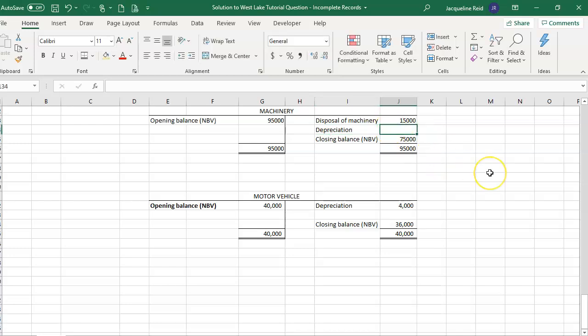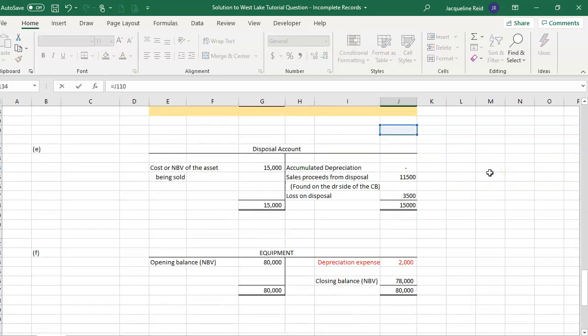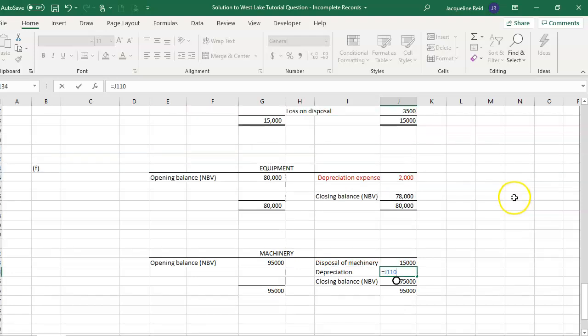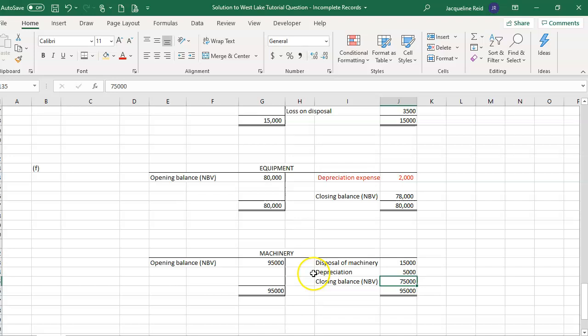It is found by taking the 95,000, subtracting 15,000, and subtracting 75,000. So the depreciation expense is $5,000.